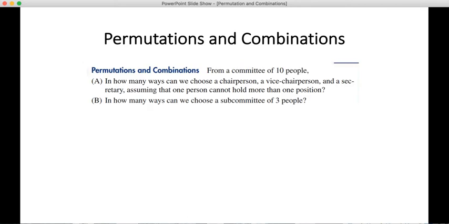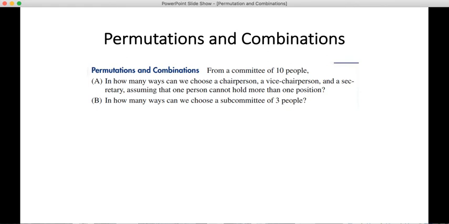So for permutations and combinations, here's an example. From a committee of 10 people, in how many ways can we choose a chairperson, a vice chairperson, and a secretary, assuming that one person cannot hold more than one position? In this example, these people are given specific titles.